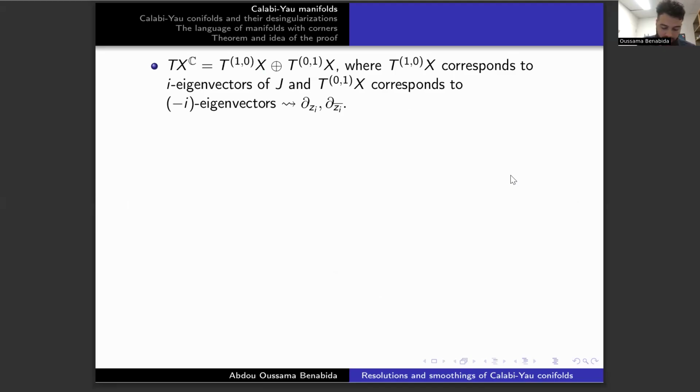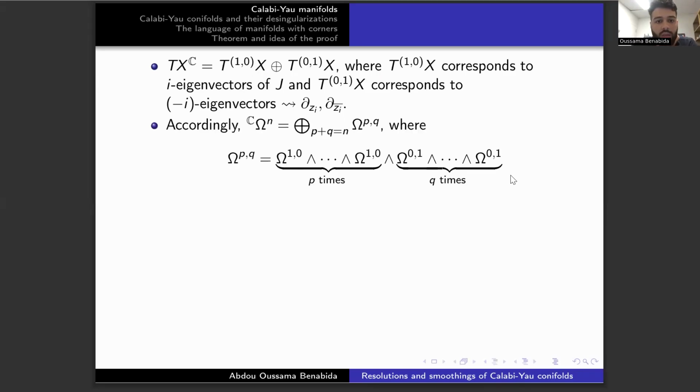In terms of local complex coordinates zi, these are spanned by dzi and dzi bar. So T10, the 1,0 part, is called the holomorphic tangent bundle, and this is spanned by the dzi's. And this is the anti-holomorphic tangent bundle, spanned by the dzi bars.